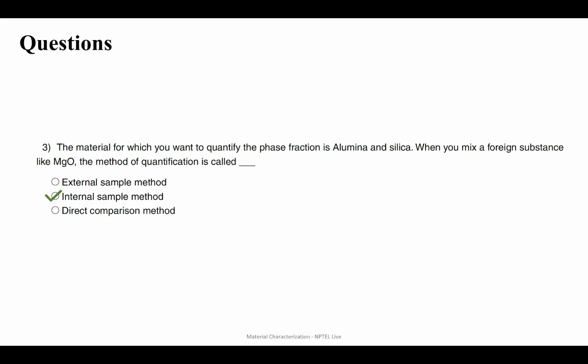So the answer to this is internal sample method. We just studied about it. In the external sample method, you use a pure phase sample of the same material, and you refer between two different peaks, two different measurements. In the direct comparison method, you will directly compare between alumina and silica.